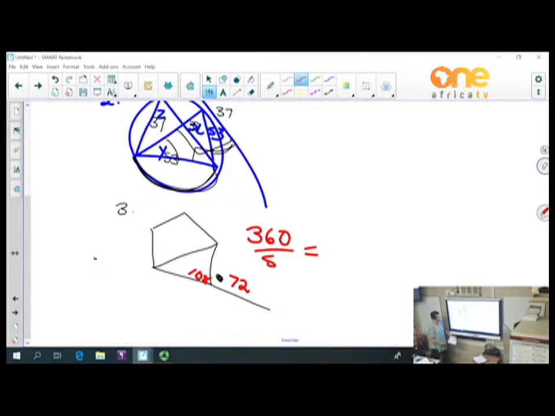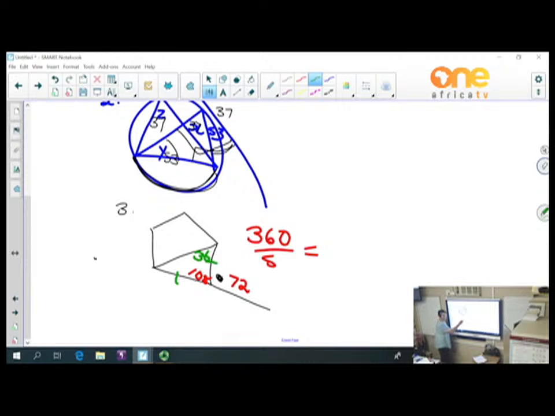Okay, and then DAE. So what do you know now? DAE is that angle that we have to calculate there. How will you do that? We have an isosceles triangle, so it will be 180 minus 108 divided by 2, which is what? 36. Okay.